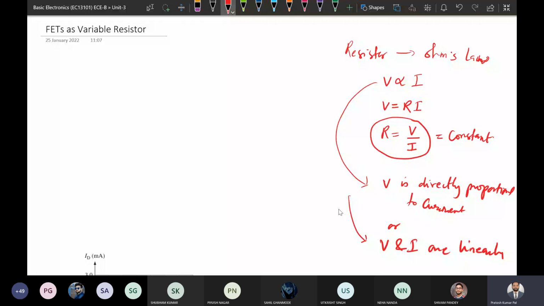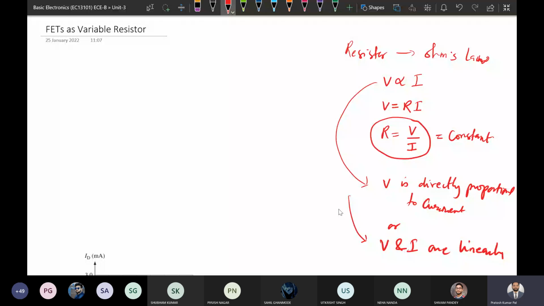We have already discussed the structure. Here the gate is there, this is the drain and this is the source, and the drain is biased positive and the source is biased negative in the JFET.